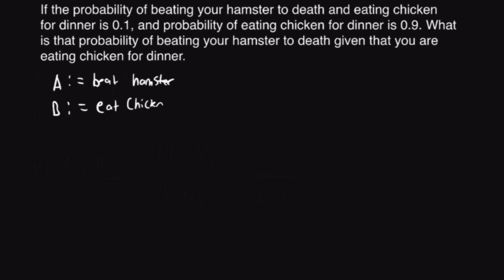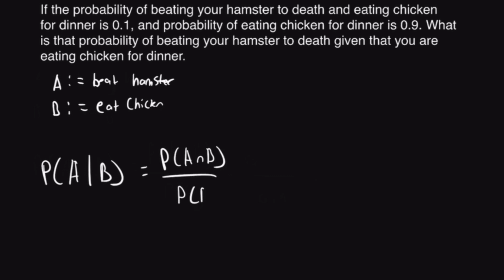So it wants us to find the probability of beating your hamster to death, so probability of A, given that you're eating chicken for dinner, which is probability of B. So this is just Bayes' theorem. We have probability of A and B divided by probability of B. So in this case, we don't have to do any special calculations because we're already given all the information.